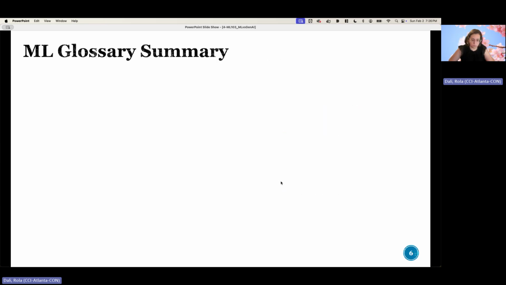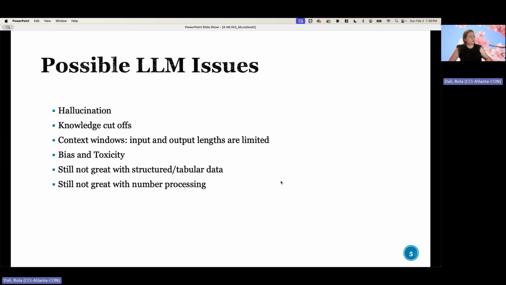Okay, so possible issues with LLMs. Well, hallucination is one issue. Hallucination is when a model doesn't have the proper information, and so it comes up with a very reasonable-sounding explanation.